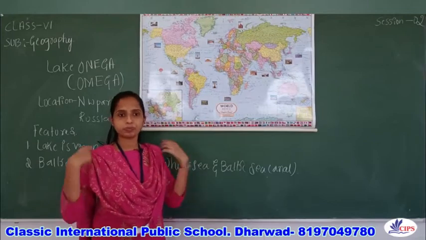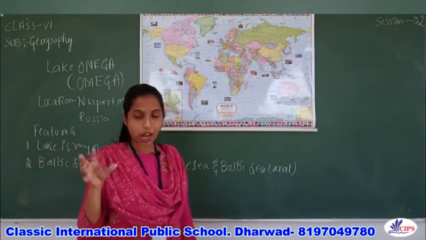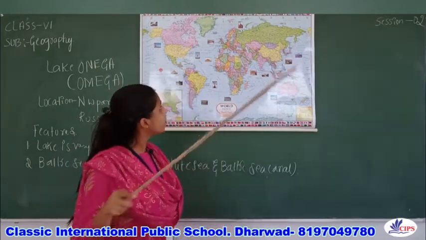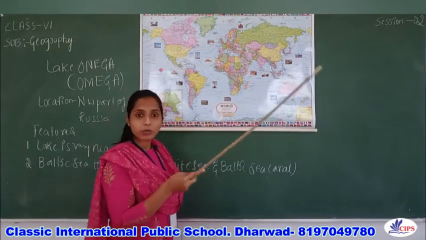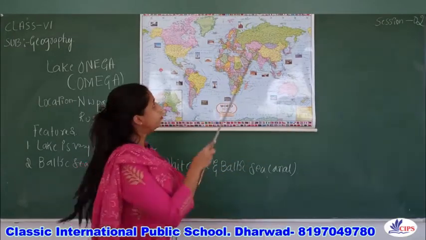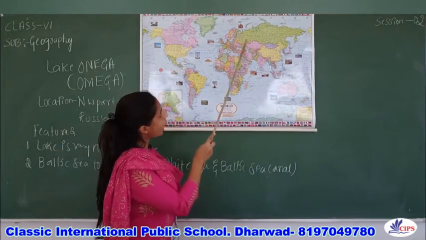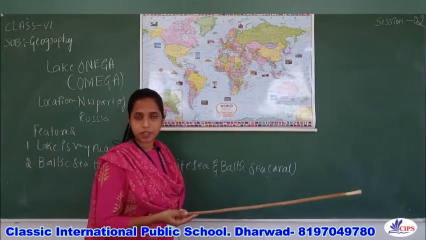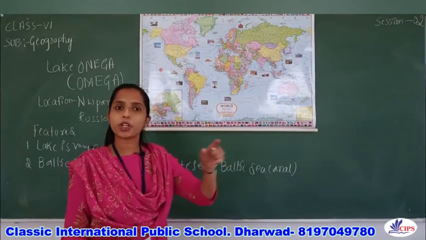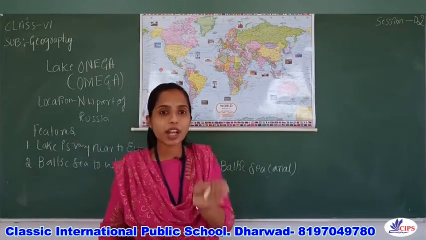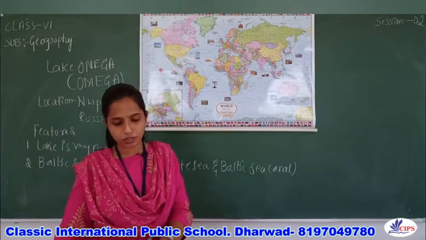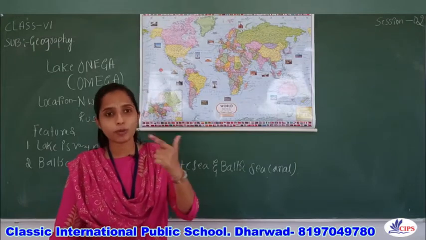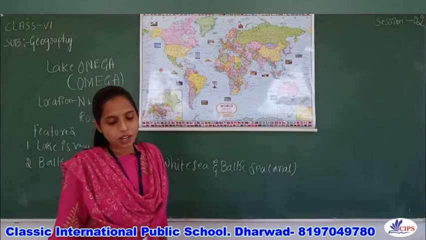So, why domestic transportation? Because through the Volga river and this Onega basin, there is a connection. So, domestic transportation is done. How is international transportation of goods done?